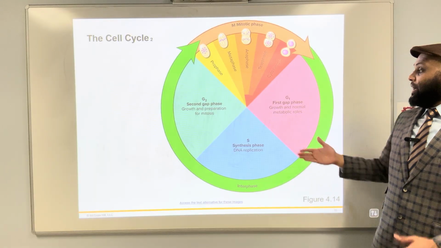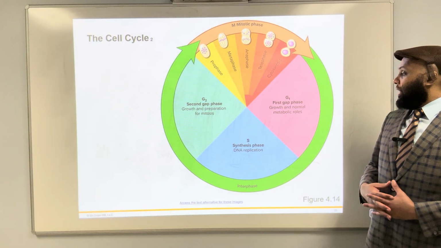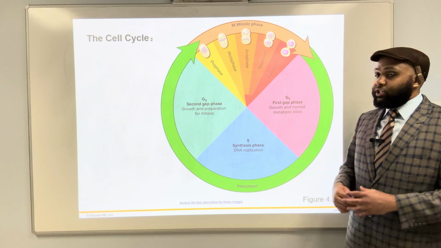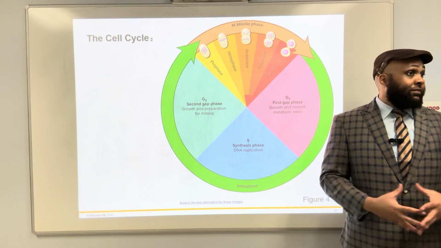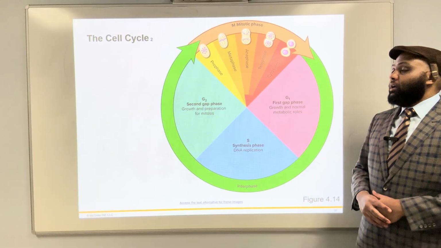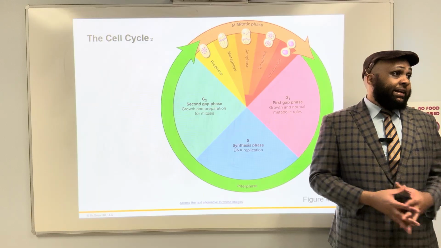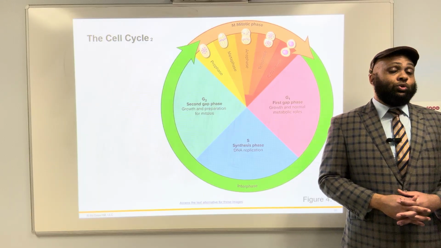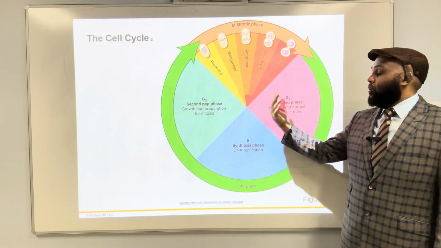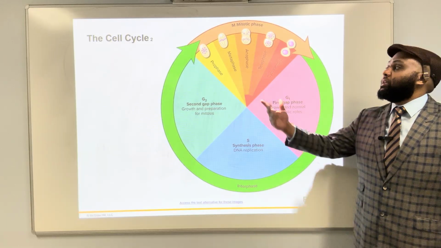The G1 phase is when the cells grow and they adjust their normal metabolic rate. And the S phase is when the DNA is replicated. You have doubling the DNA to prepare for division. And lastly, you have the screening of this DNA so that we do not double up a DNA that is damaged. We don't want to double a DNA that is mutated. So we screen the DNA, we grow, we prepare for mitosis. Then we enter the mitotic phase.